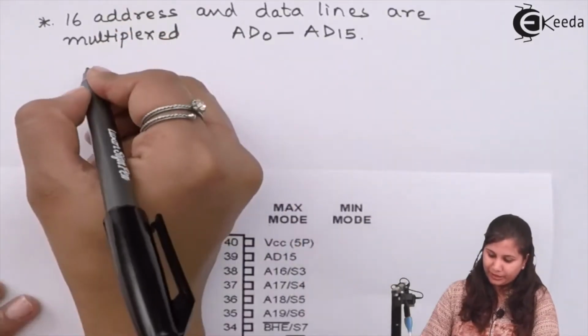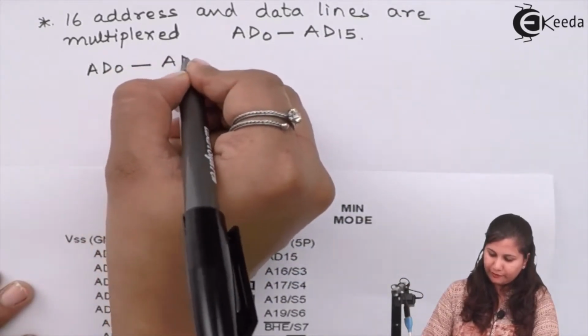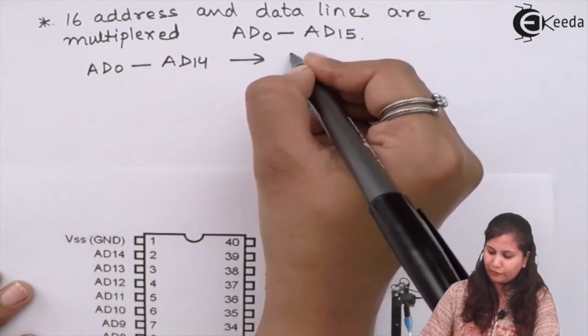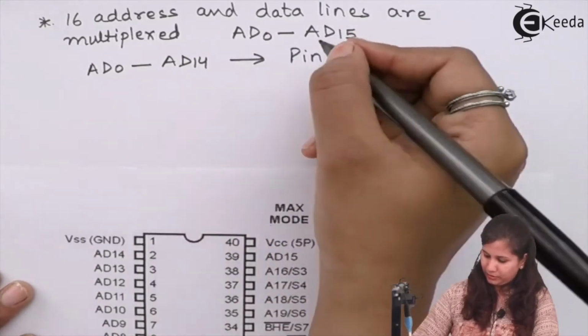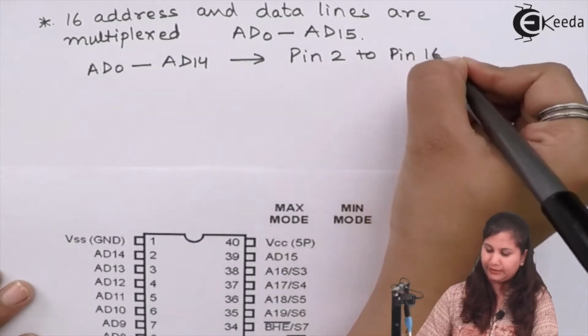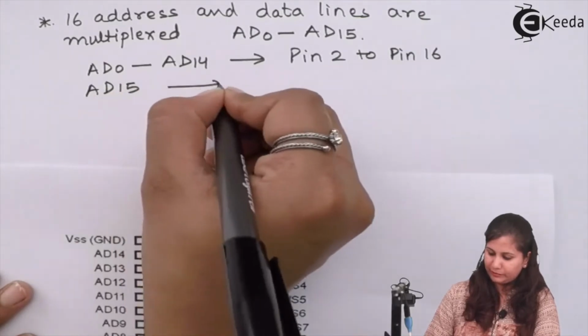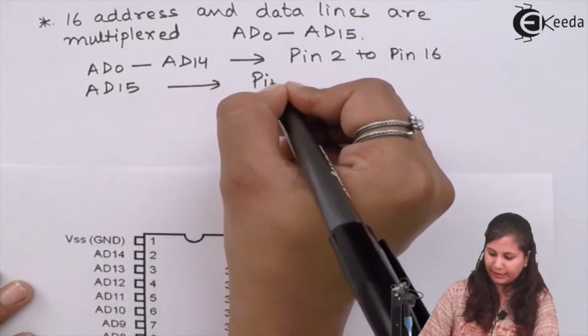So we have AD0 to AD14, which are from pin number 2 to pin number 16, and AD15 is available at pin number 39.